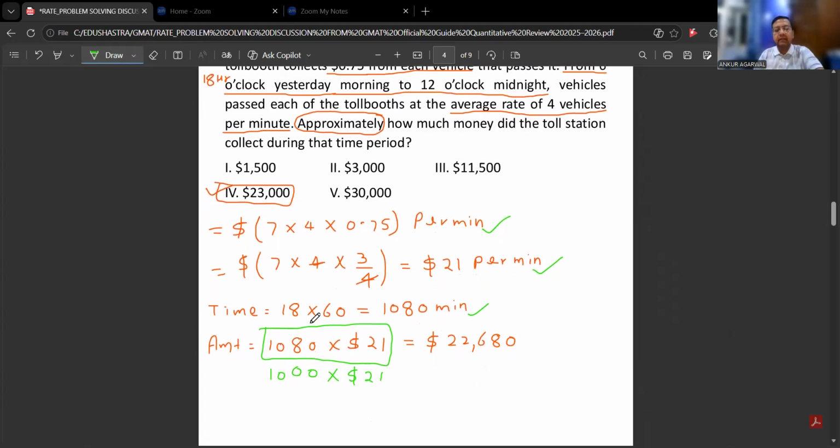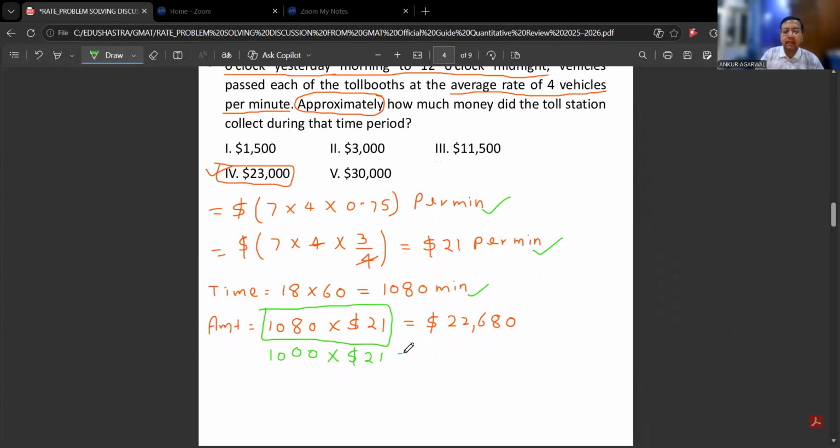If you simplify this, you can say your value should be somewhere around $21,000. There is no calculation required; this is just verbally. So based on this figure, I can cancel the first option, the second option, and even the third option. Now I am stuck with two options, fourth and fifth.